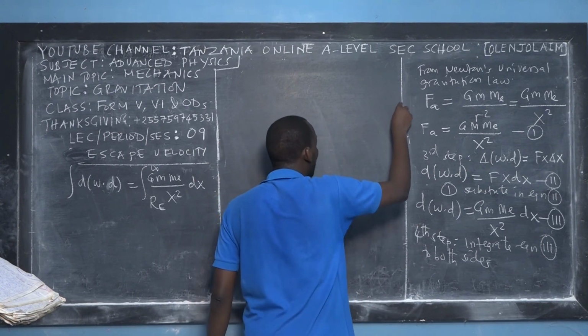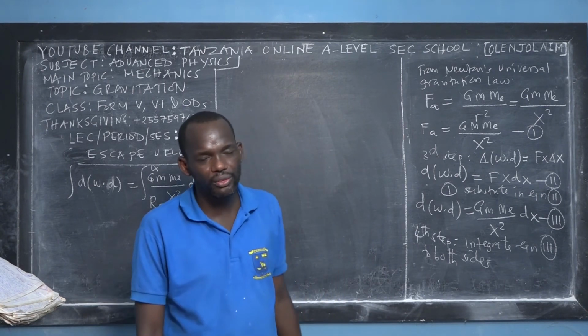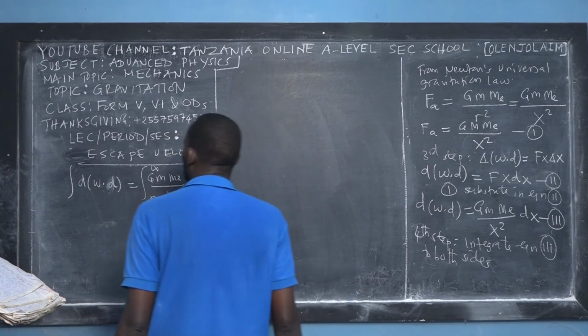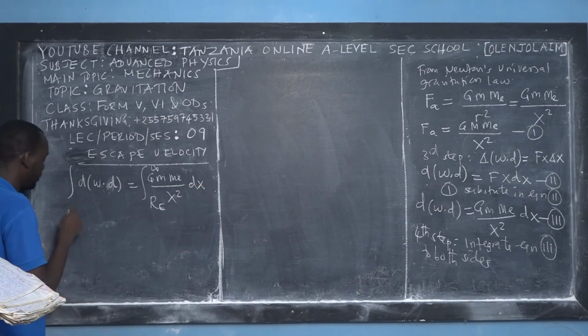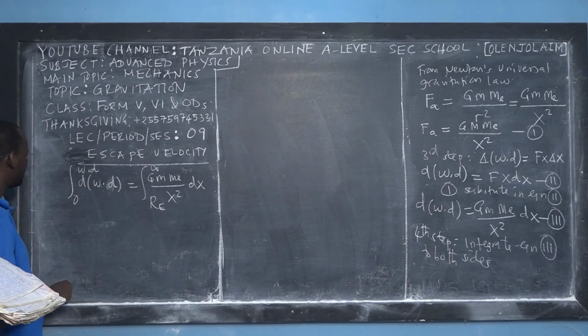Remember that in the work done of bringing a body from infinity to the radius r, we integrated from infinity to r. Even here, we integrate from 0 to work done. For simplification, the d and the integral sign cancel on the left-hand side, and what remains is the work done.